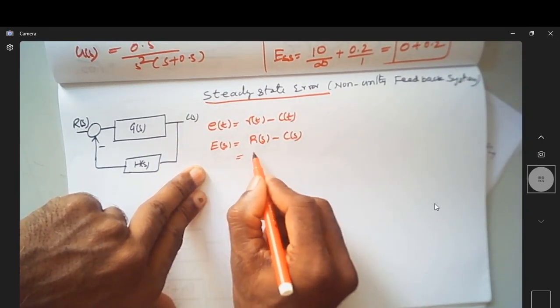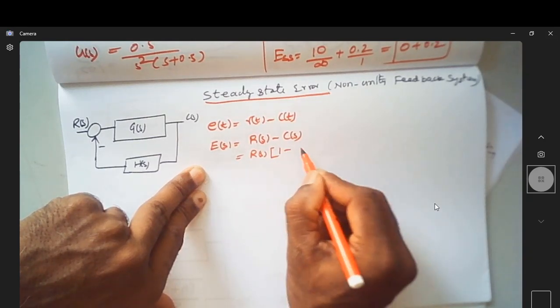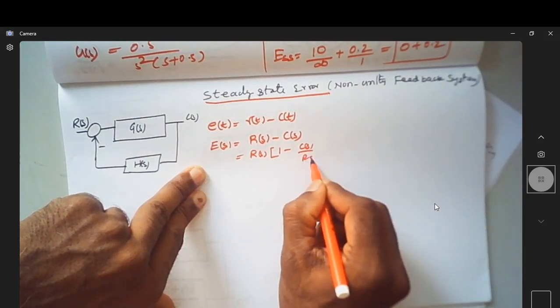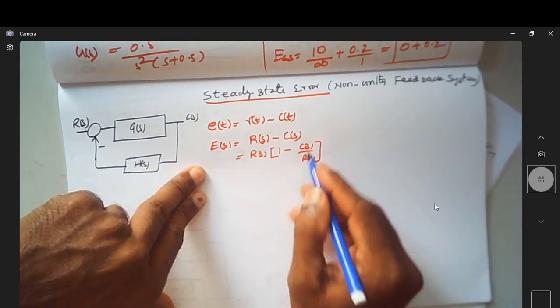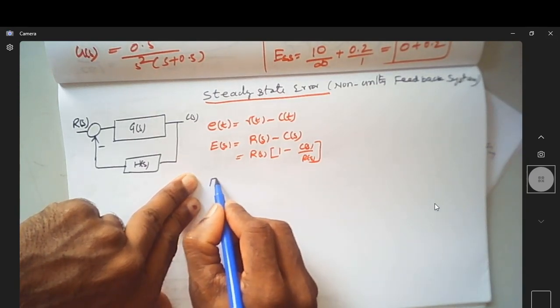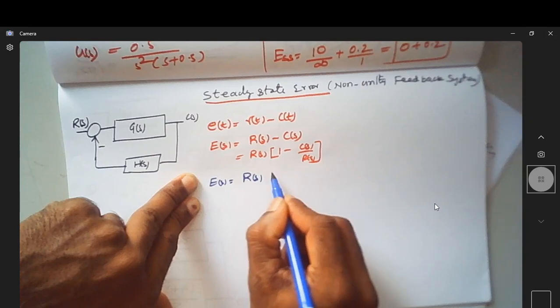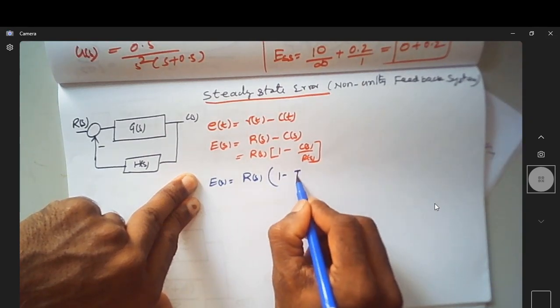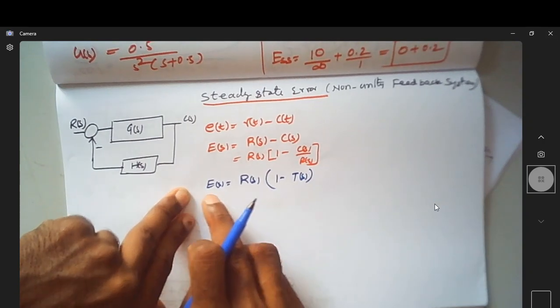Now I can take out R(s) as common, so this becomes 1 minus C(s) by R(s). We know that C(s) by R(s) is the transfer function. So I can write E(s), the error signal, as R(s) multiplied by 1 minus the transfer function. This is the error.